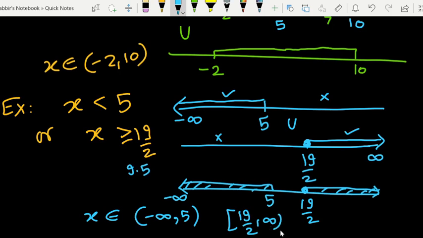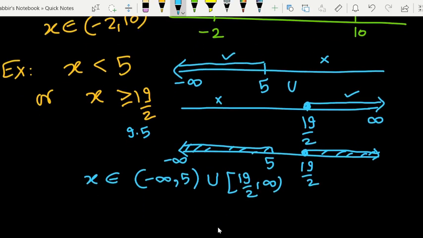So if there is more than one solution set on the number line, we write all of them and we connect them by this symbol U. So this is what I meant in the beginning, that U is used as a connector, as a symbol to connect the different solutions on the number line.